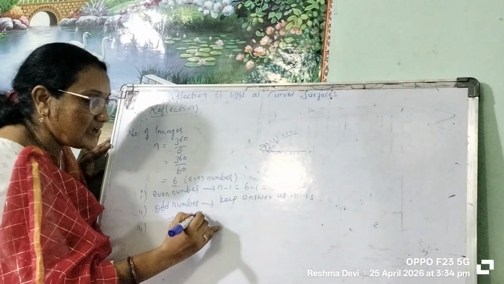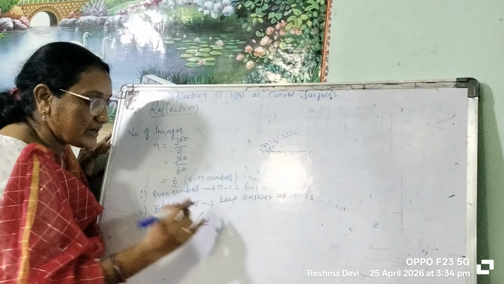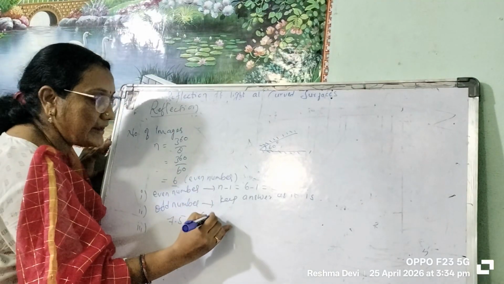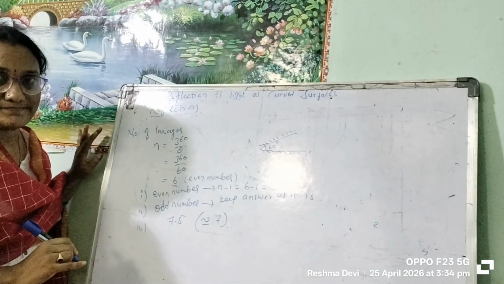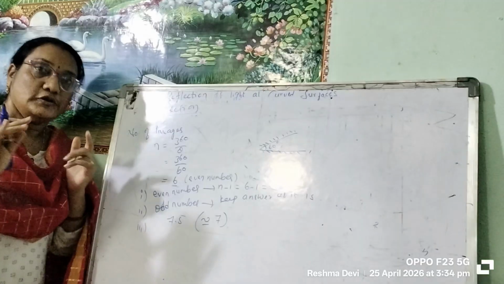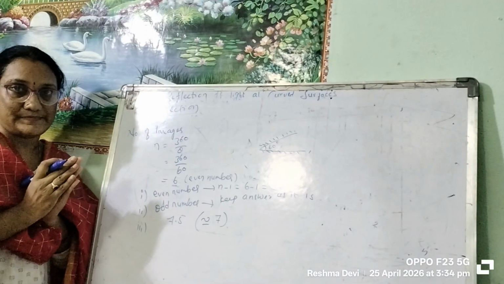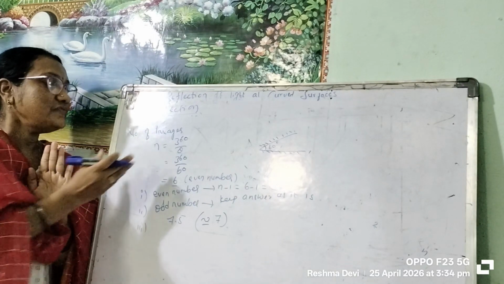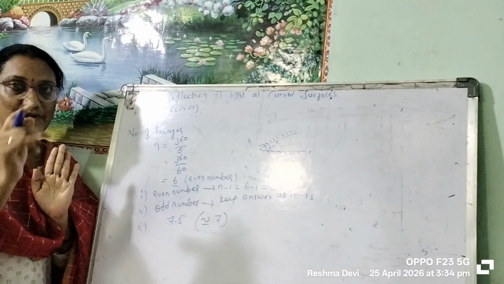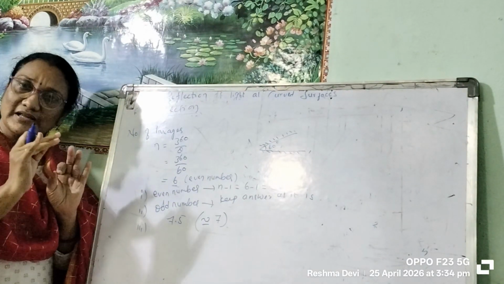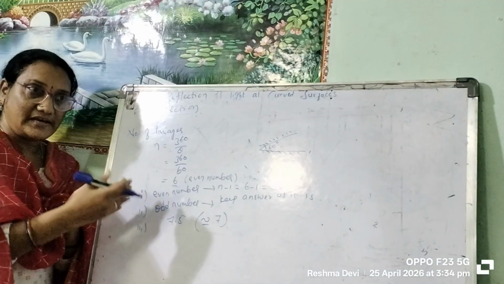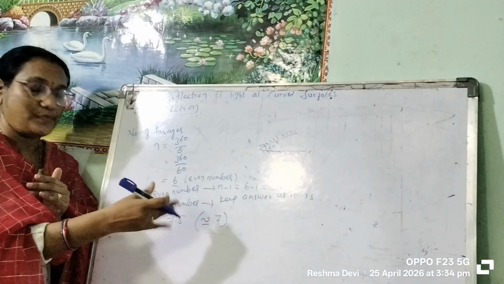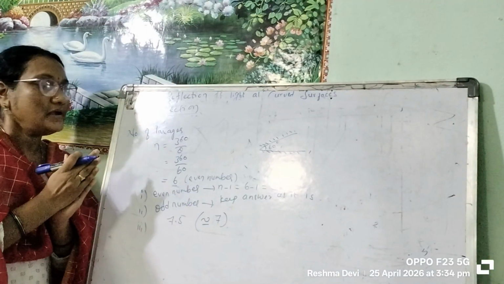In such a case, you just remove that 0.5 and approximate to 7. So here, to find the number of images, the formula is 360 by theta. If the answer is an even number, do n minus 1. If an odd number, keep it as it is. If you get a decimal number, just remove that point and approximate to 7.